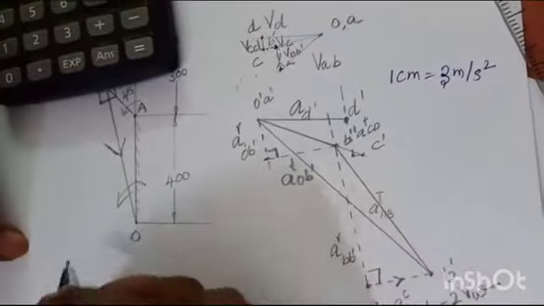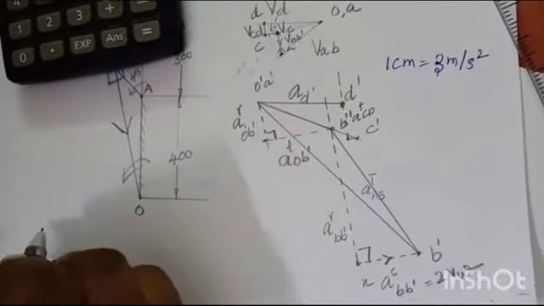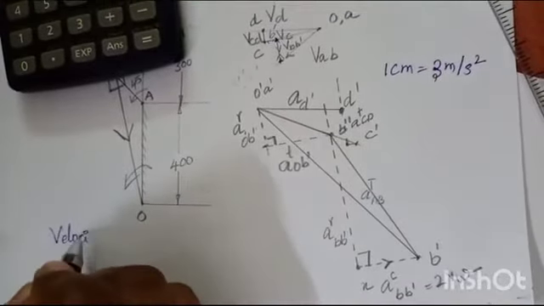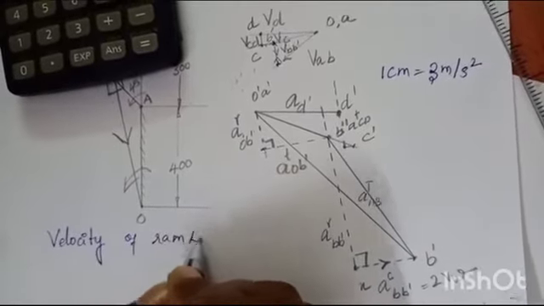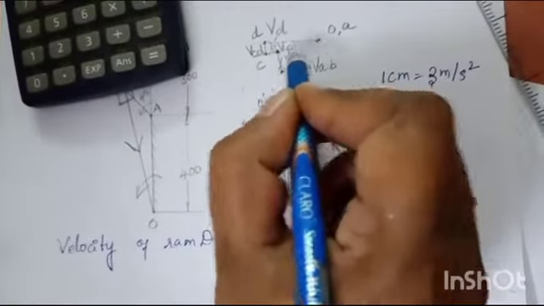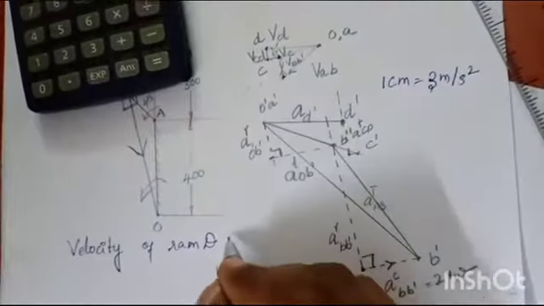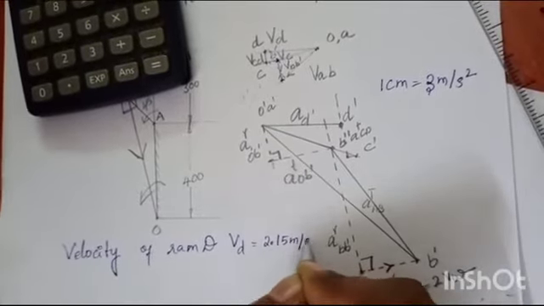From these diagrams you need to find the answers for the question. The first question is the velocity of ram D. From this velocity diagram, V_D value directly from O you need to measure and give it. So V_D equal to 2.15 meter per second.